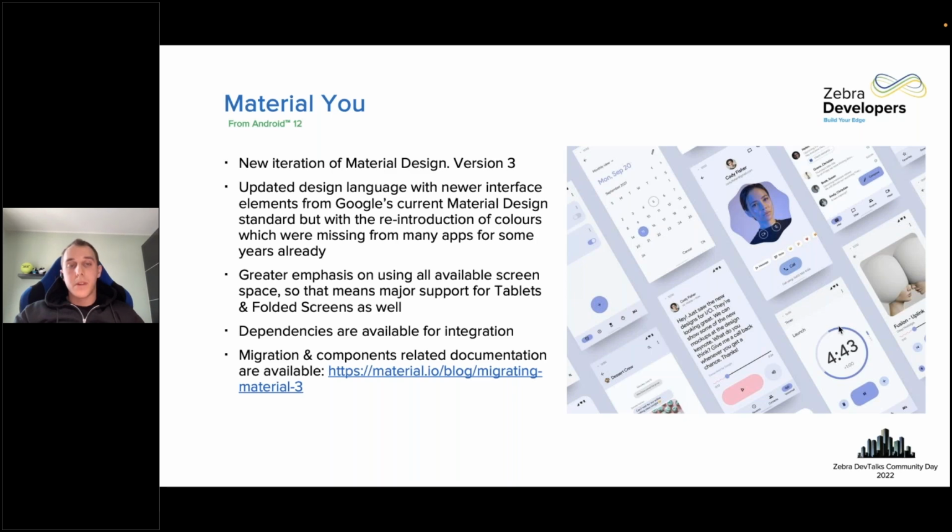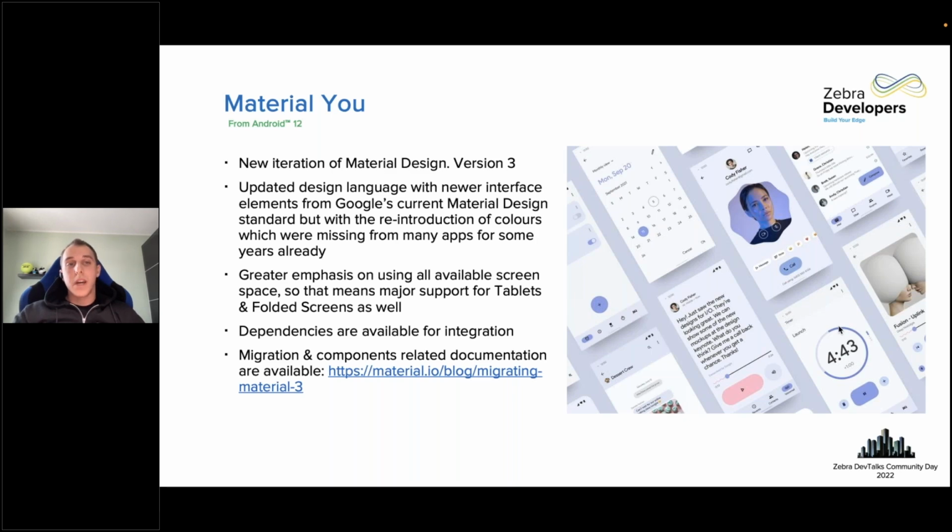And in terms of development, developers can already start to experiment and work with the new upgraded dependencies. So, for instance, if you upgrade the material design library inside any of your Android projects to version 1.5.0, you can already start to use these new updated components and themes from Material U. And you can obviously do that in any emulator running Android 12 or 13.